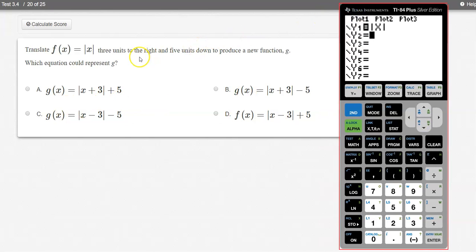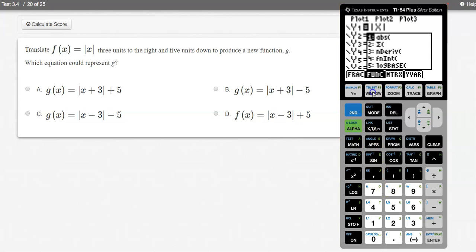I want the graph to go right and down. So they all have the same numbers. Let's do alpha window 1. And let's put in X plus 3. And then we'll put plus 5.